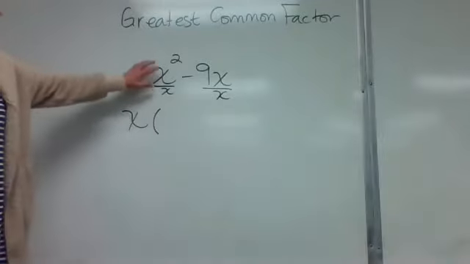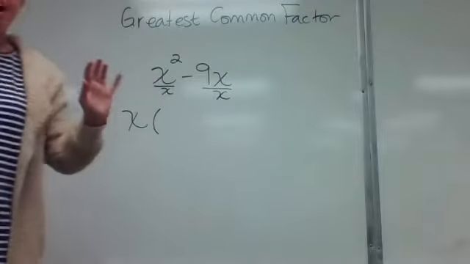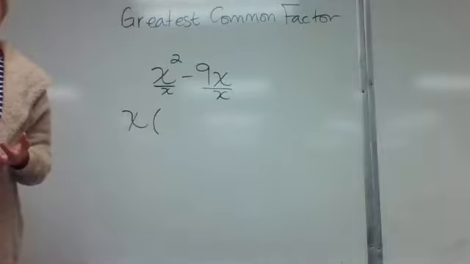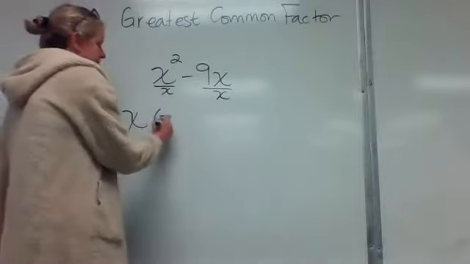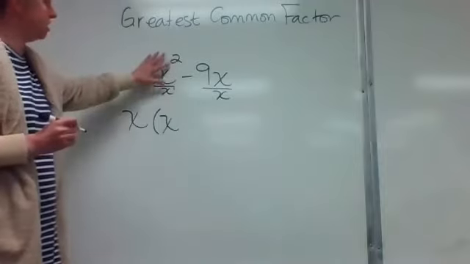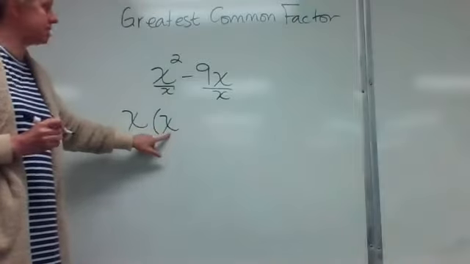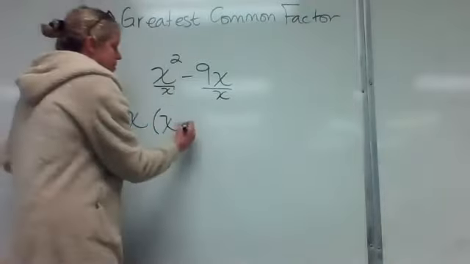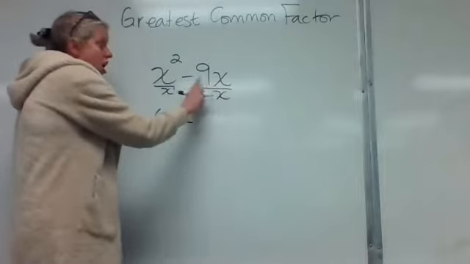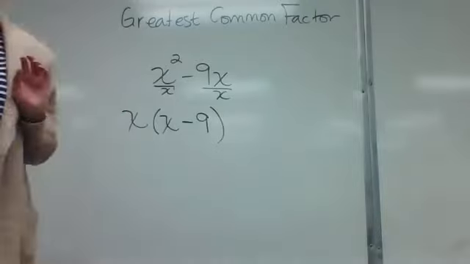So let's see here, if I had x squared and I pulled out an x from there, I'm just going to be left with an x, right? Because essentially you're subtracting those exponents. So the 2 minus the 1 just gave you x. Bring down the minus. If I pull the x out of this term, all that I'm going to be left with is that 9. And you're done.